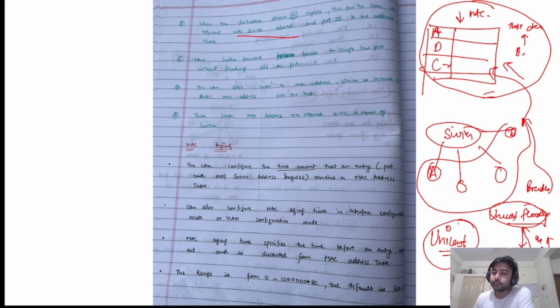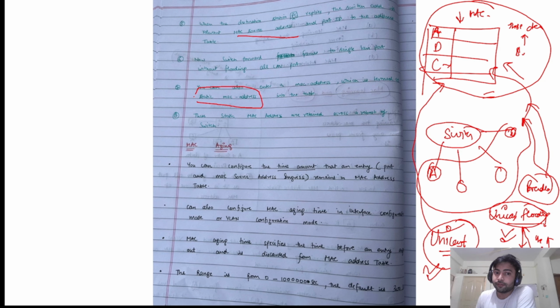So unicast is when the MAC address table has all the entries, and then it does unicast. Broadcast is when the switch is just rebooted and has no idea of MAC addresses, it does broadcast. And when the switch has aged out its MAC address entries, then it does unicast flooding. Okay, and we can also assign static MAC addresses to the end devices, and we have a command for this too.